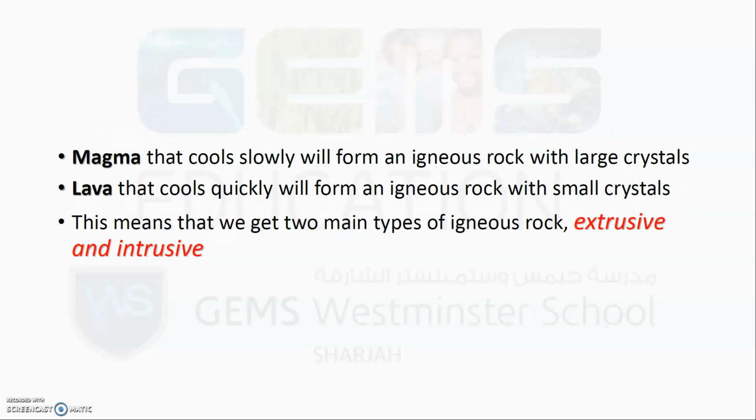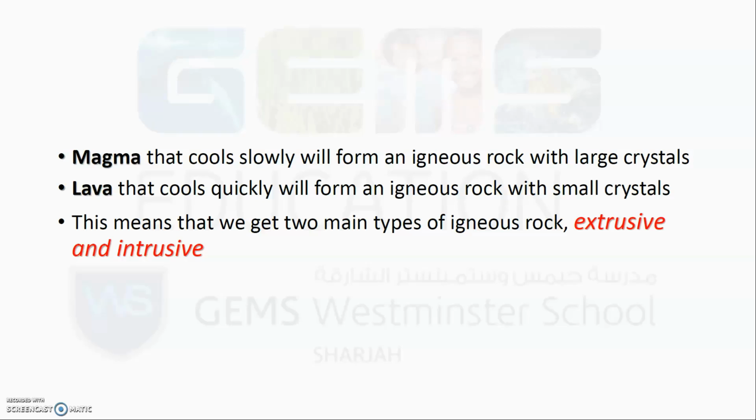Magma that cools slowly will form an igneous rock with large crystals. If the magma cools very slowly, the igneous rock formed from that magma will have large crystals.